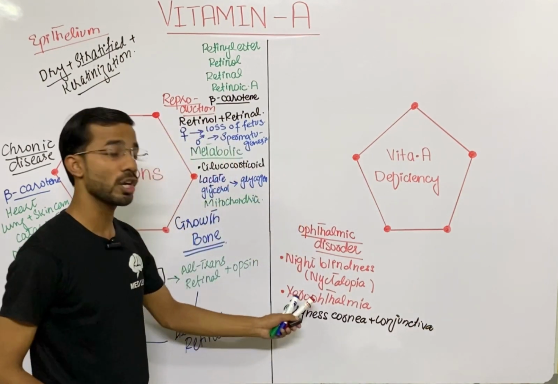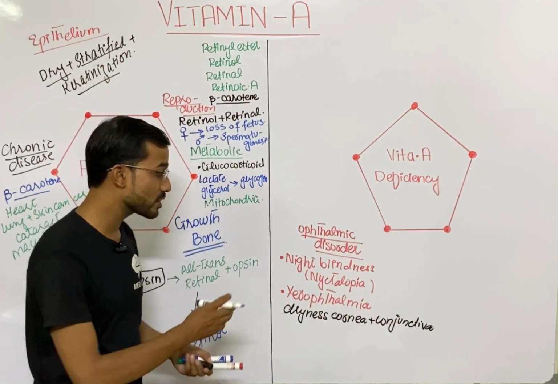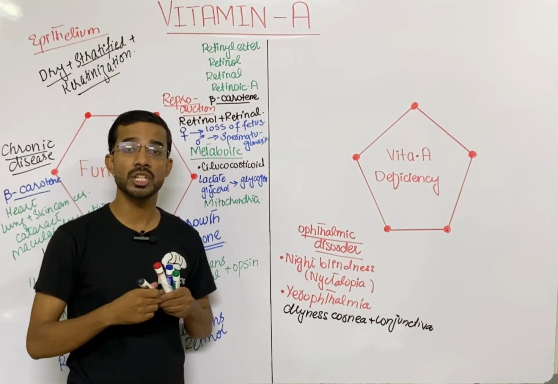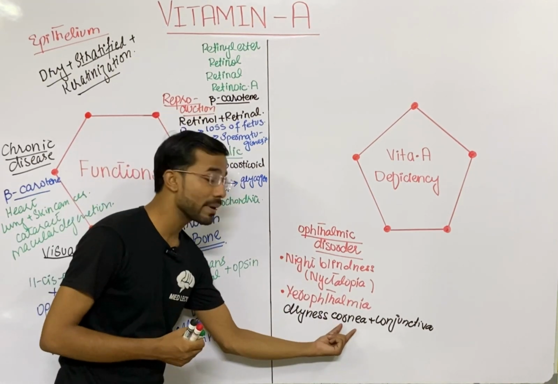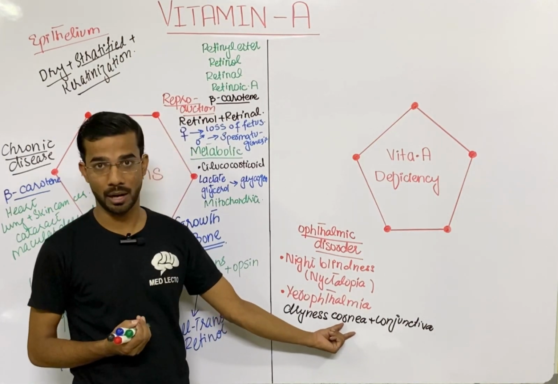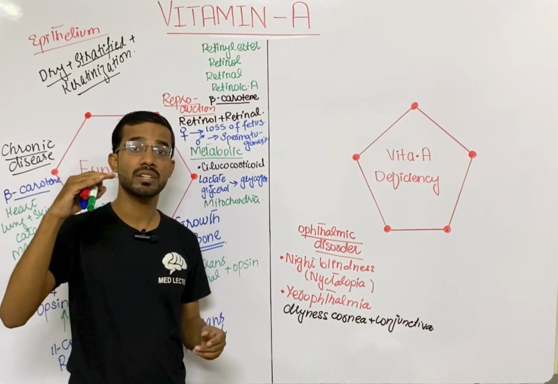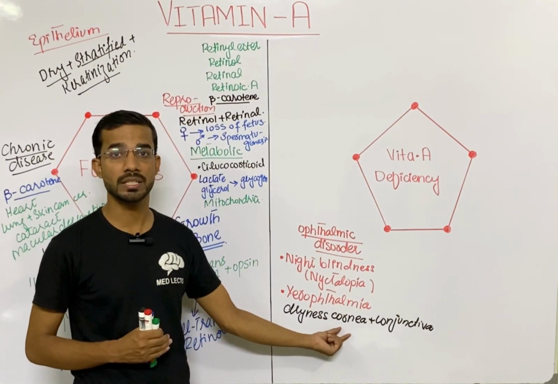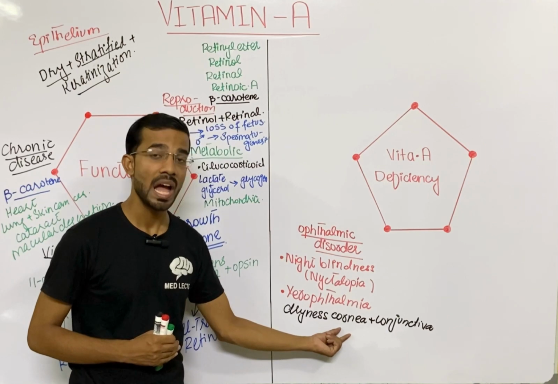The eye becomes dry, and in that situation the cornea can become ulcerated, because when it touches the eyelids, chances of ulcer formation in the cornea increase.